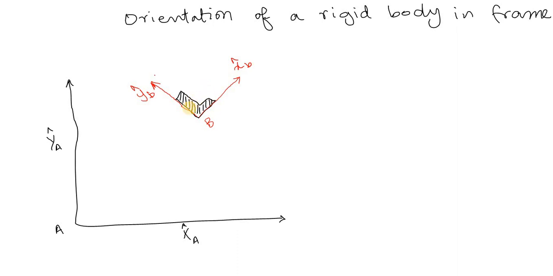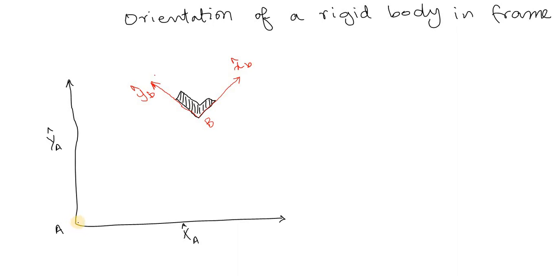So now we are interested in finding the orientation of this rigid body, or you can say frame B, with respect to frame A, because A is our reference frame.